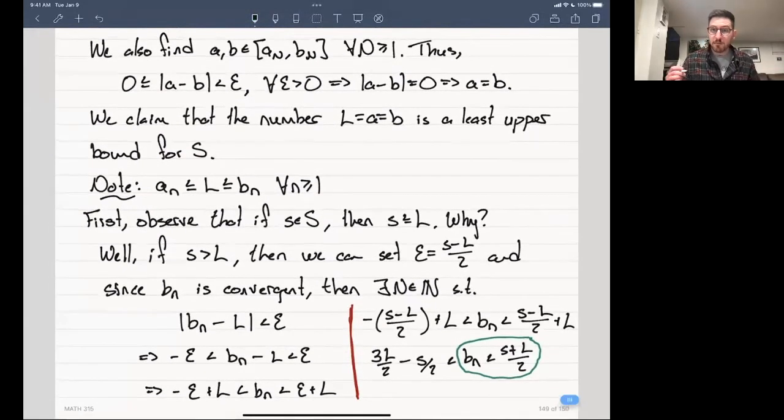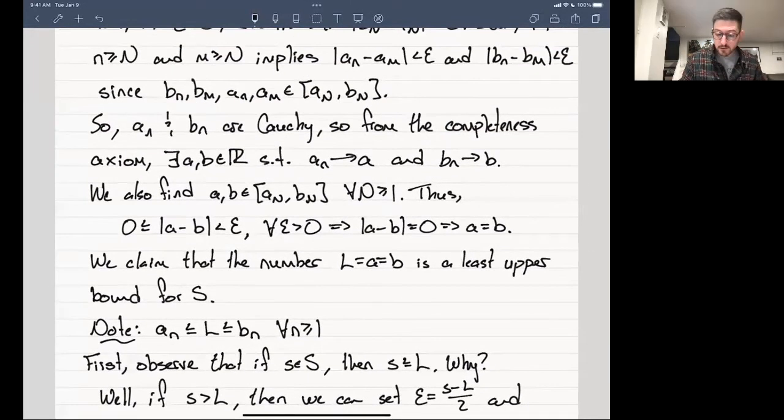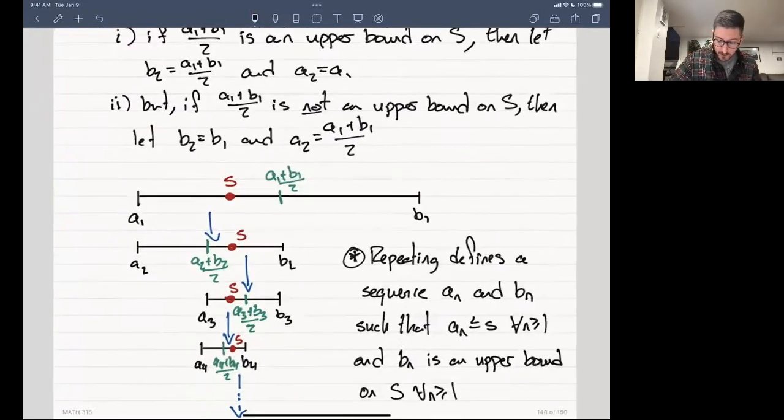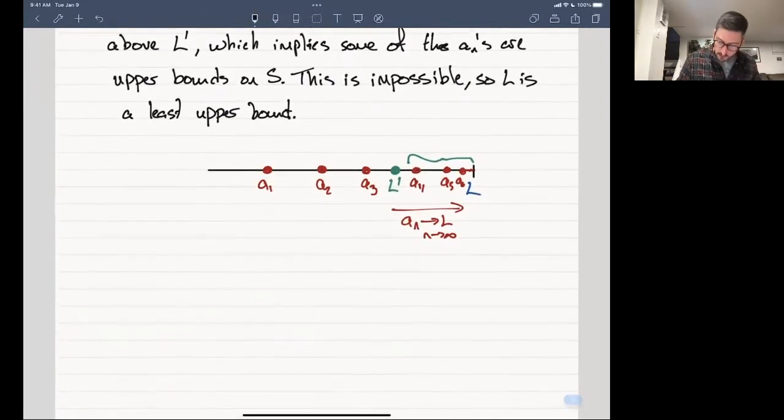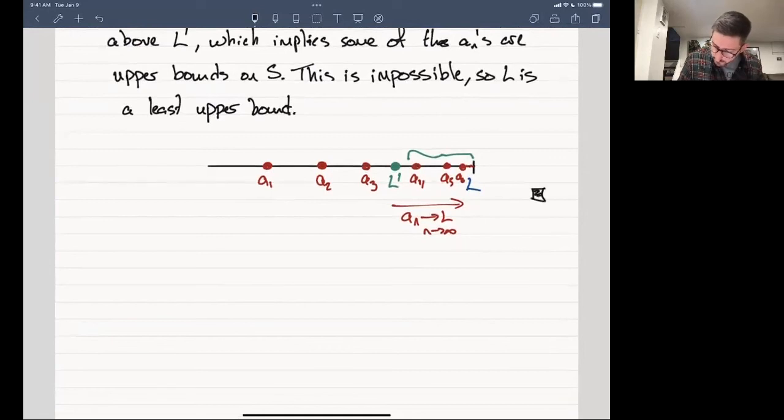Again, just coming from my note here, because my note says that An is not an upper bound. It is smaller than at least one element of S in the set, by construction, if you look at my picture here of how we defined the A sequence. And so this shows us that we have, in fact, a least upper bound on our set.